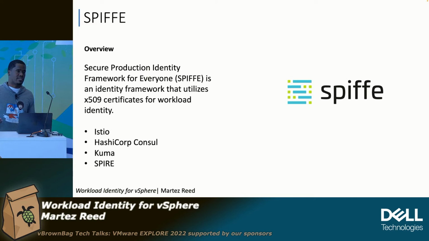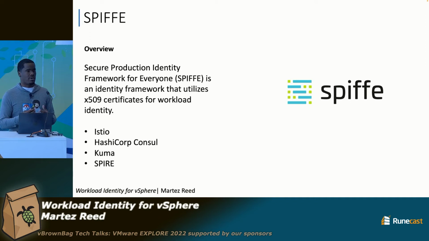What it leverages under the covers is X509 certificates to facilitate this capability. It's actually utilized by Istio, which is a service mesh, HashiCorp Consul, another service mesh, Kuma, which is finally another service mesh, and then it's used by a project called SPIRE, which is part of the same body of working group and is an implementation of SPIFFE.